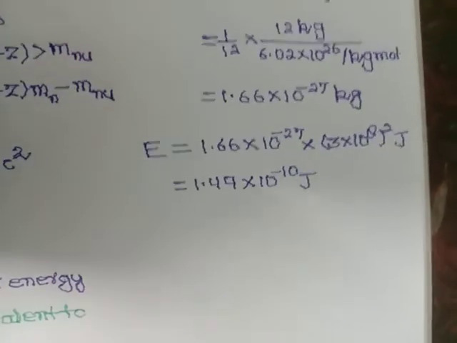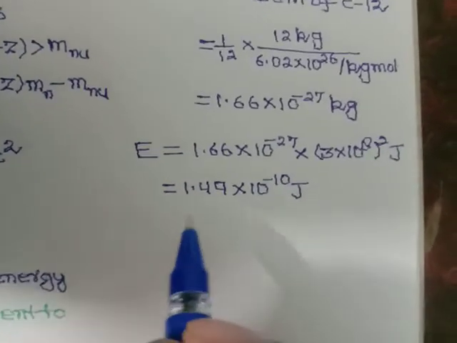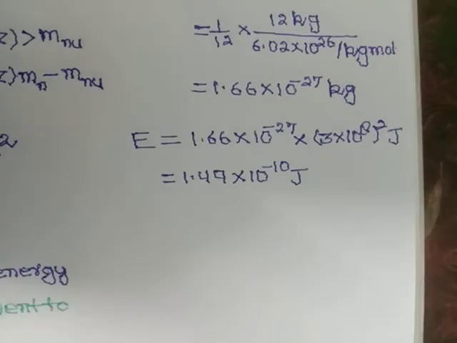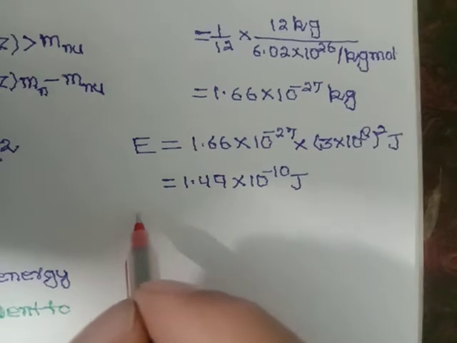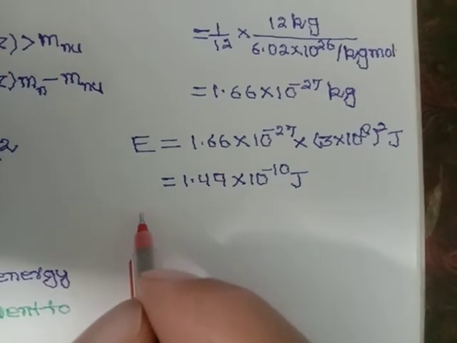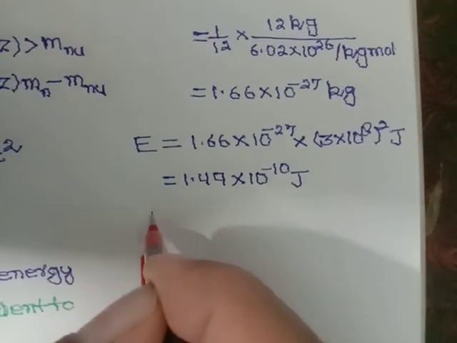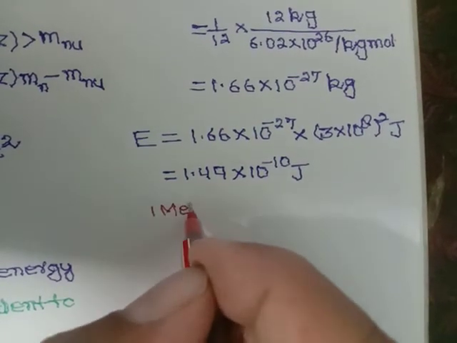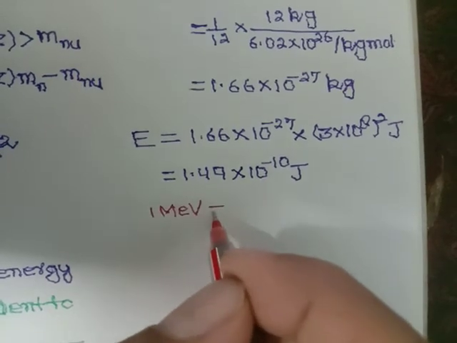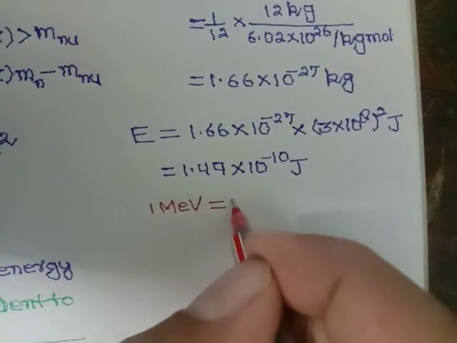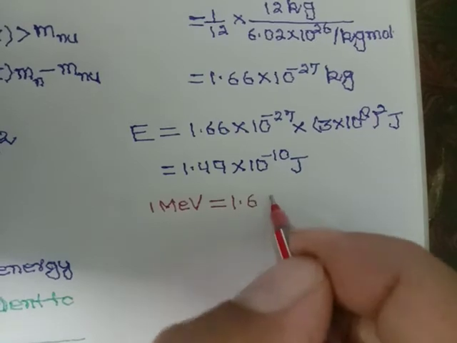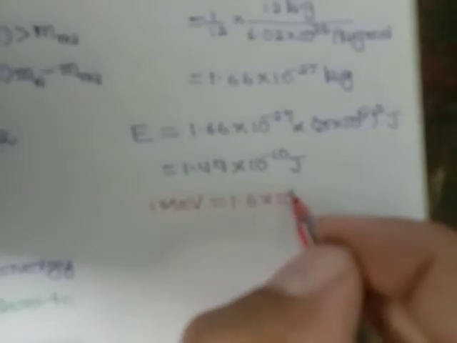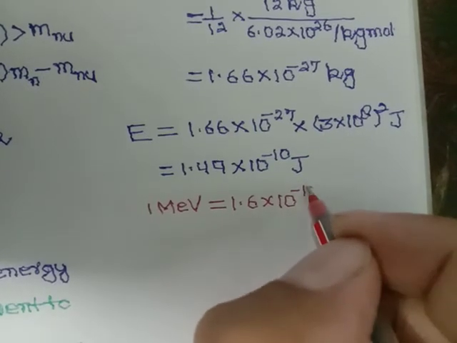There is another unit of energy which is written in terms of mega electron volts, right? And 1 mega electron volt is equal to 1.6 into 10 to the power minus 13 joule.